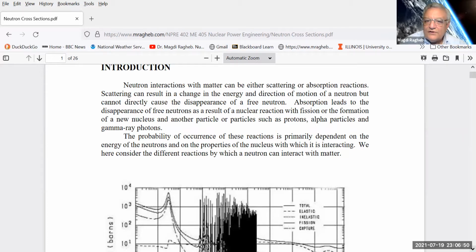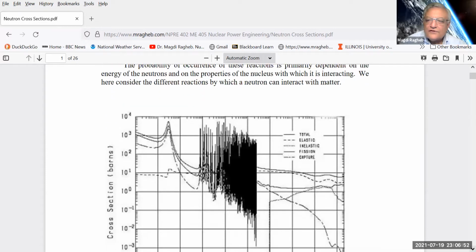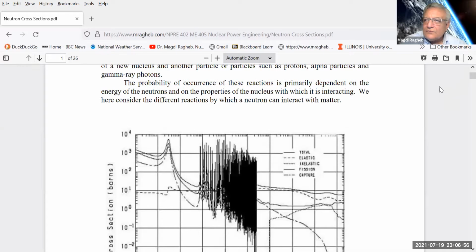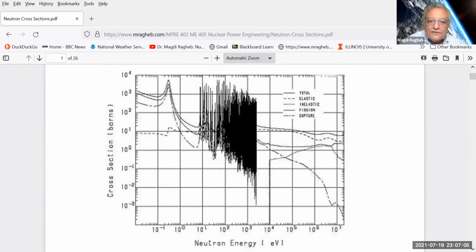The probability or the description of how these different types of reactions occur is mostly empirical with some theory added to it. And it depends on the energy of the neutrons. And we describe that by what we call the cross-section.